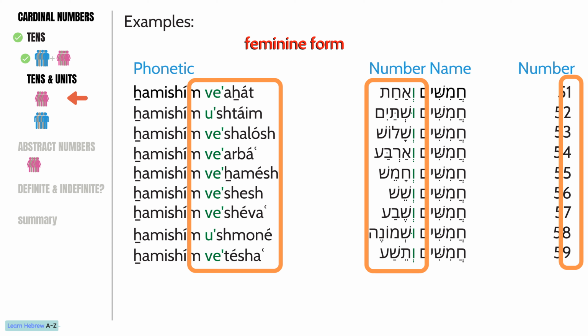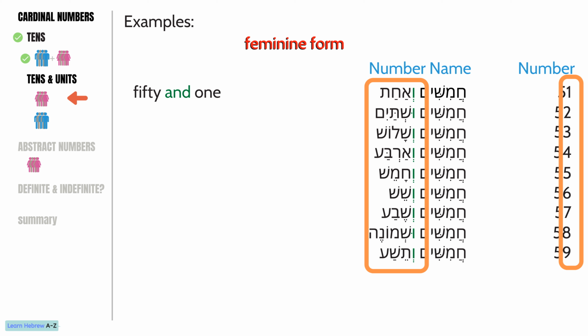The letter Vav serves as a conjunction letter. The part after the letter Vav is the unit number name. Like saying 50 and 1, 50 and 2, 50 and 3, 50 and 4, and so on.